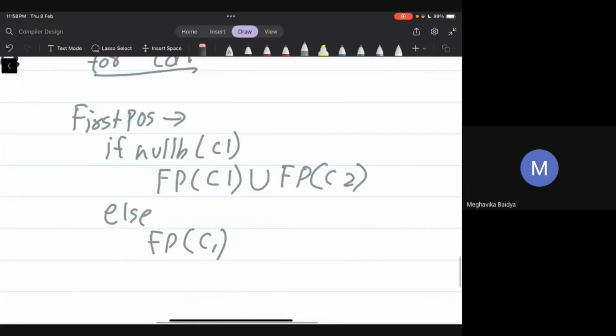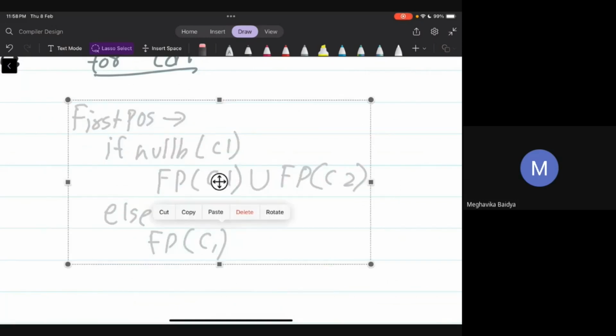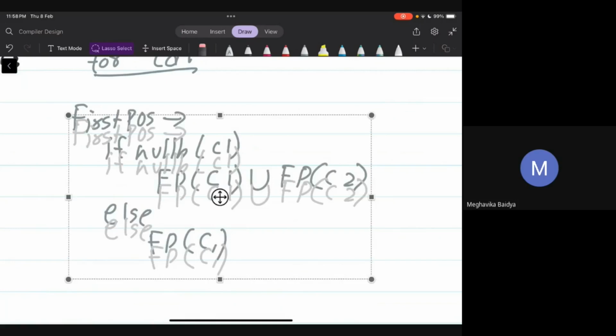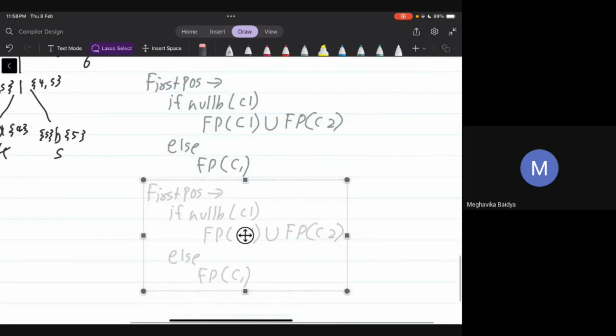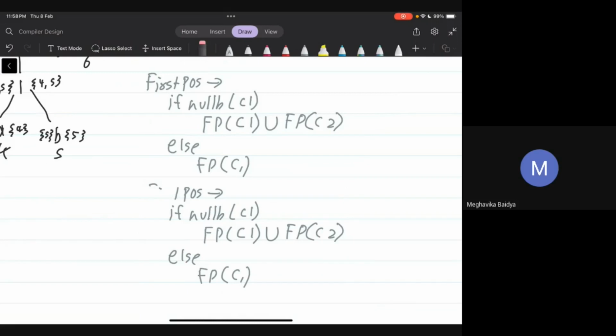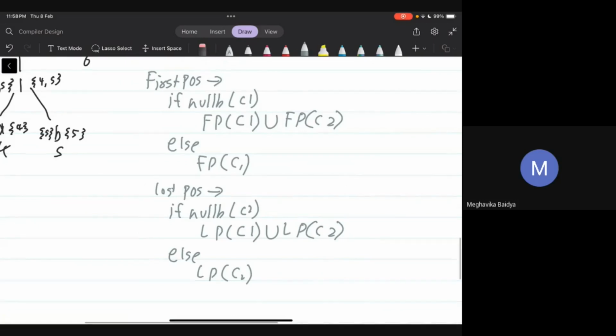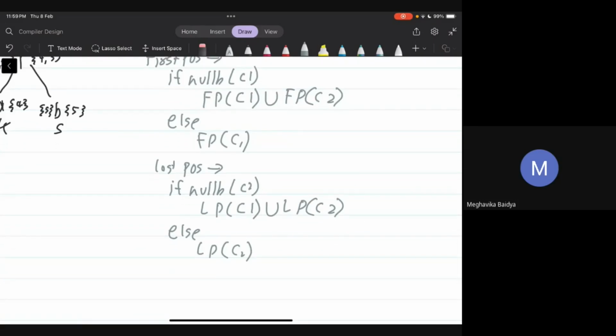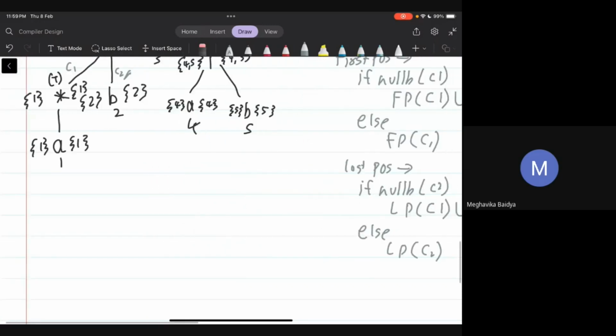So if nullability of C2 is true, then LP of C1 union LP of C2, otherwise LP of C2.